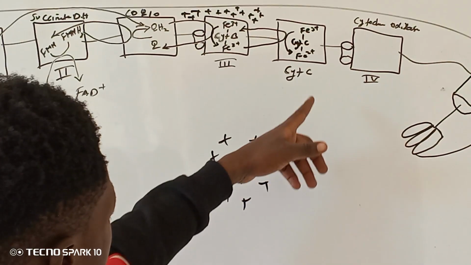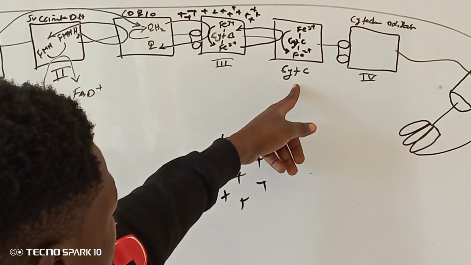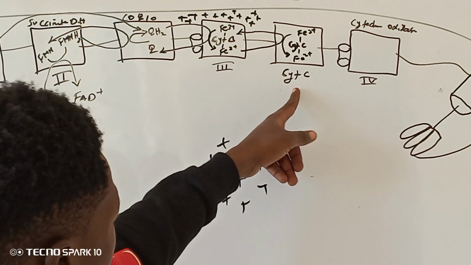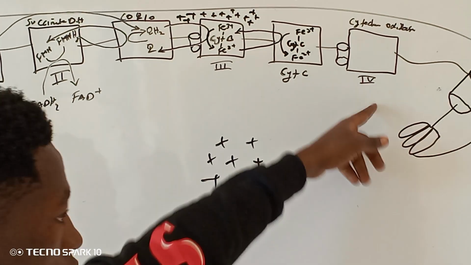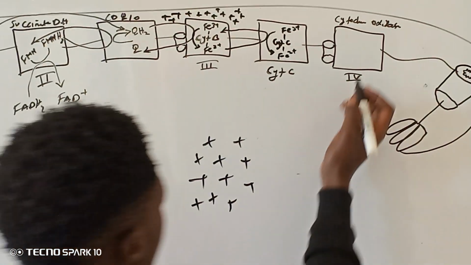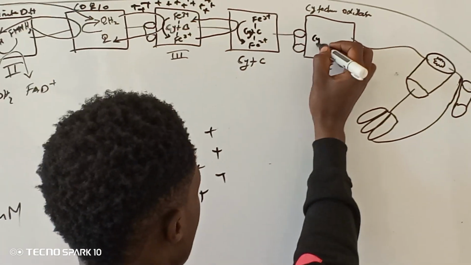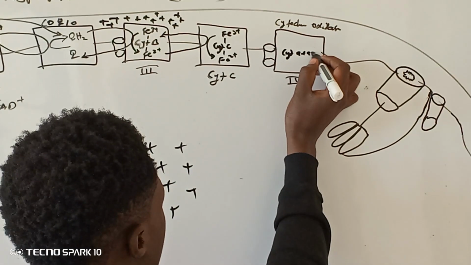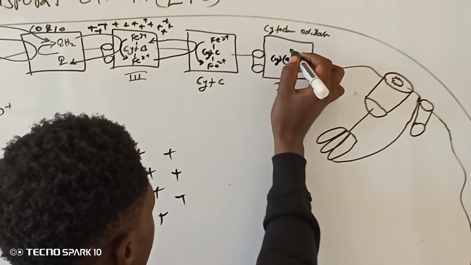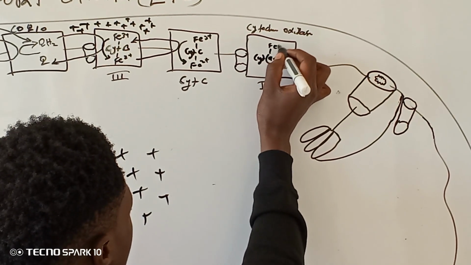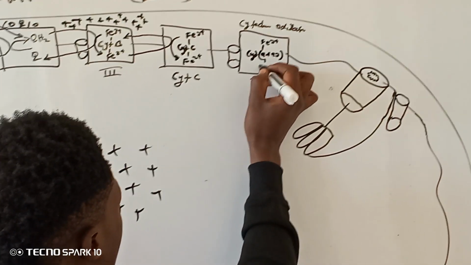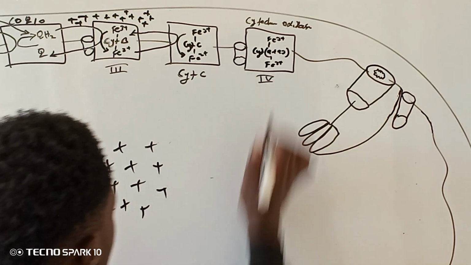Now, cytochrome C is again going to pass the electrons to complex 4. Complex 4 has cytochrome a plus a3 and it's also bound to iron 3 and iron 2. Right.